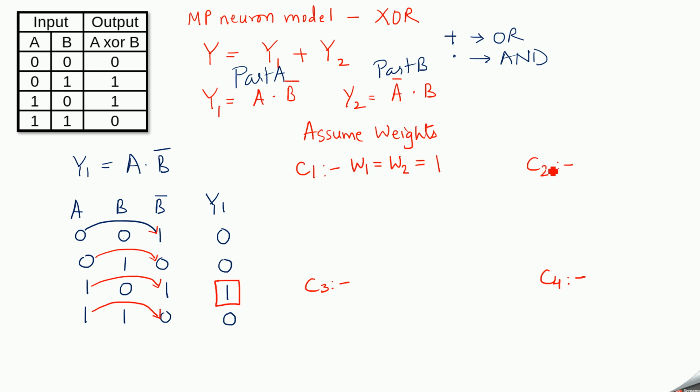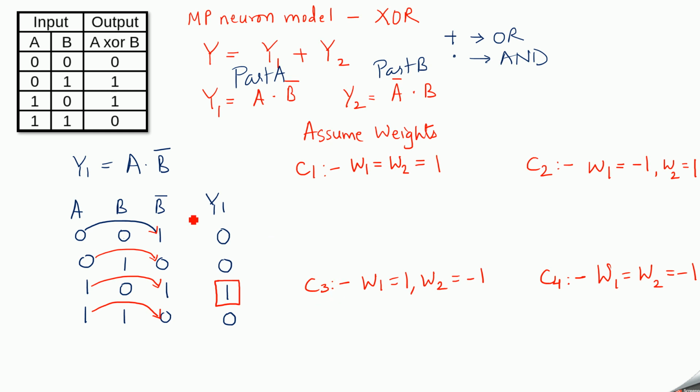In case 2, we consider W1 equal to minus 1 and W2 equal to 1. In case 3, we consider W1 as 1 and W2 as minus 1. Whereas in case 4, we consider W1, W2 equal to minus 1. We all know plus indicates excitatory weights and minus indicates inhibitory weights.